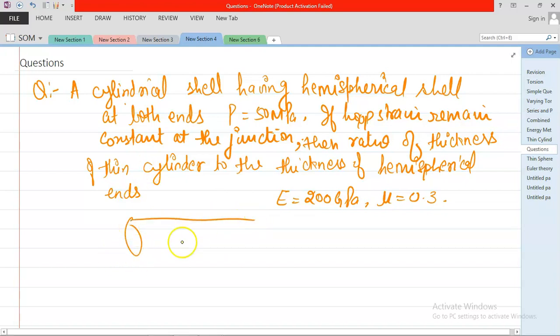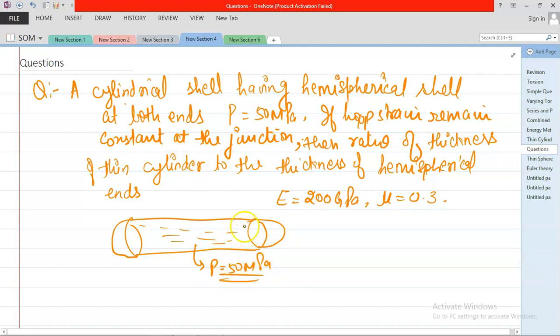Suppose this is your cylinder. At this end we have a hemispherical end, like a cup. You can see it in many places. It is given that the internal fluid pressure is 50 megapascal, and the hoop strain remains constant at the junction. Suppose this is the junction of your sphere and cylinder, so hoop strain is constant at this junction. Then it is asked the ratio of the thickness of the thin cylinder to the thickness of the hemispherical ends.